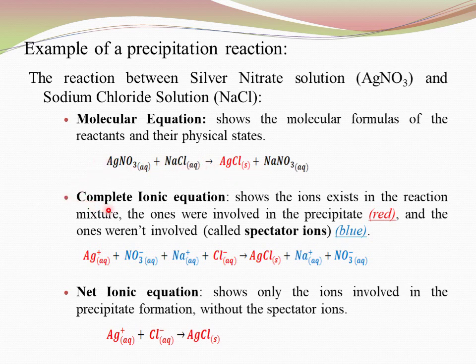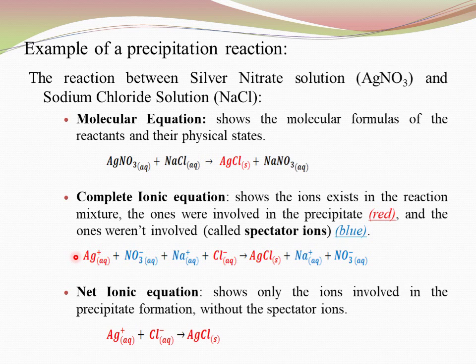Now, how can you write a complete ionic equation? The complete ionic equation shows all the ions that exist in the reaction mixture. So write the equation with all ions.